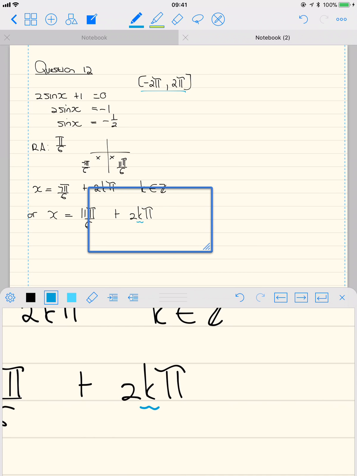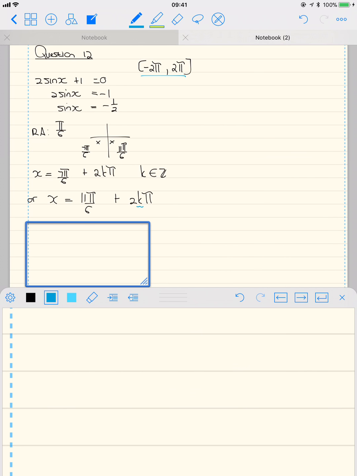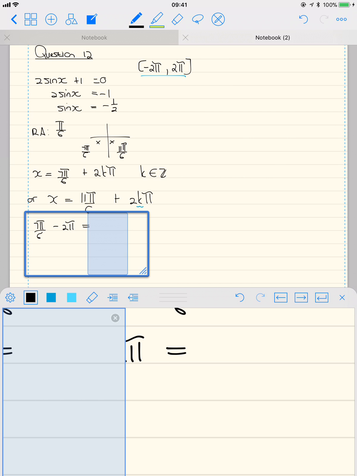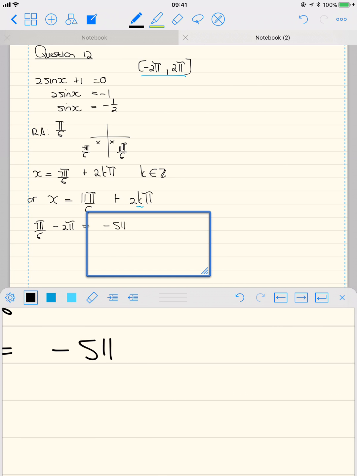If we make k minus 1, we will have 7 pi over 6 minus 2 pi, which is going to give me minus 5 pi over 6, which is still larger than minus 2 pi, so it actually falls into that interval.